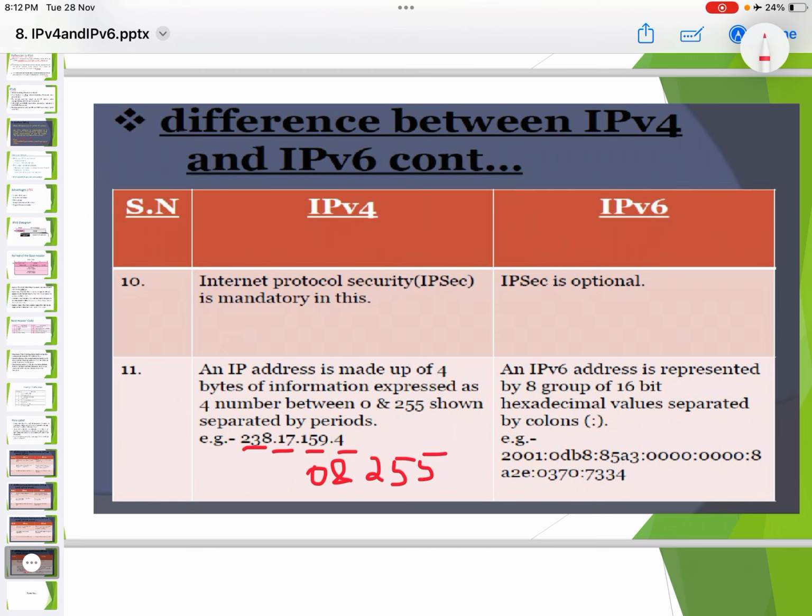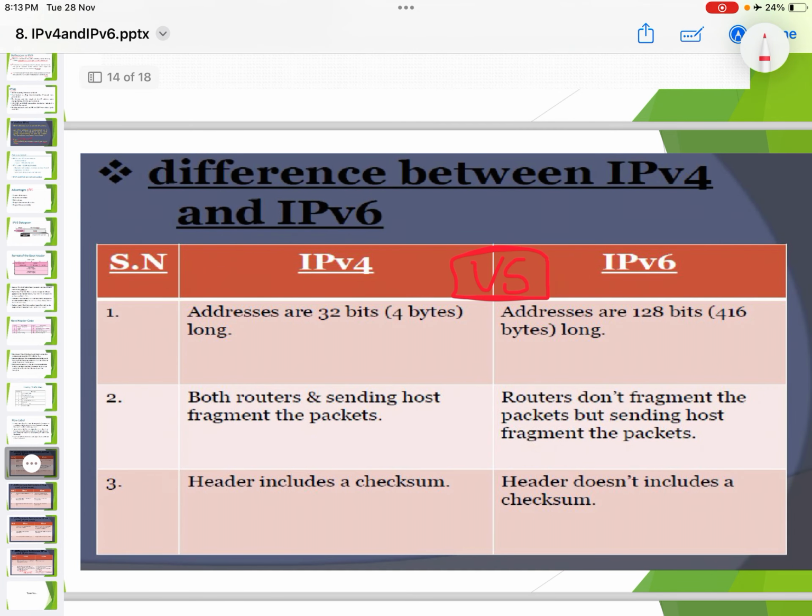In IPv6, it is represented by 8 groups of 16-bit hexadecimal values separated by colons. So this difference of IPv4 versus IPv6 is very important.